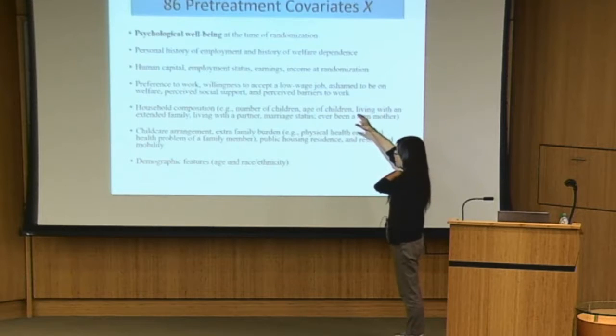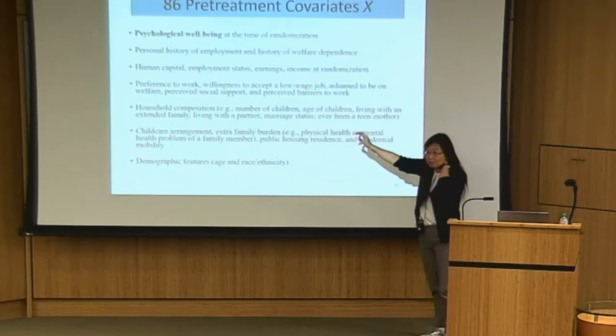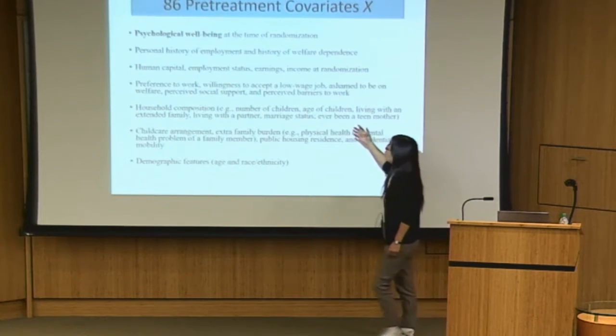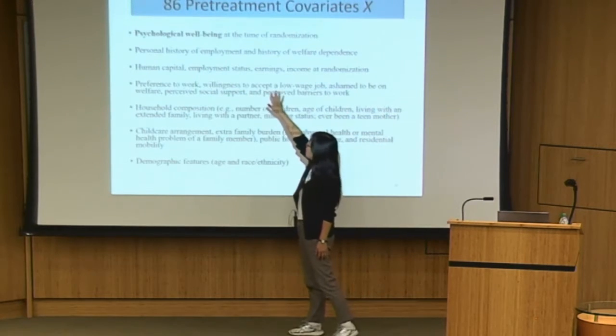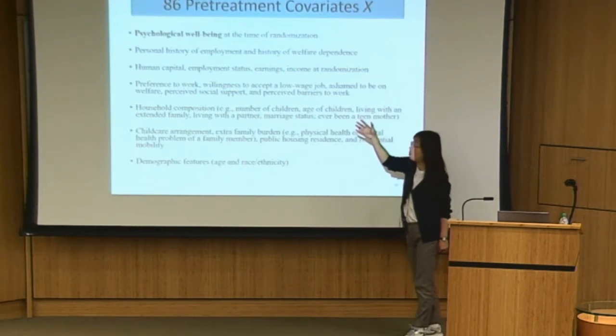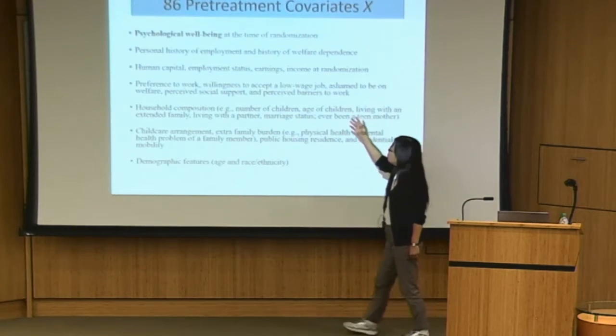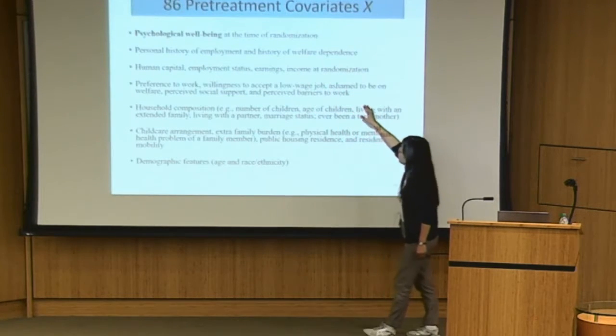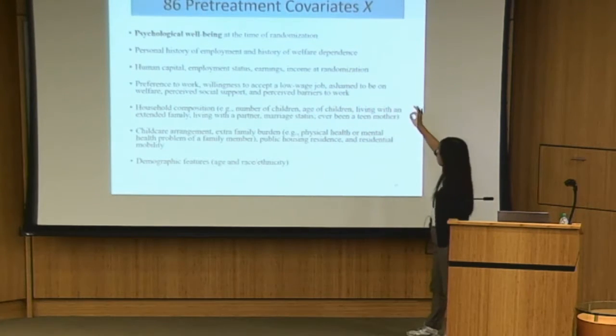Most importantly for us, because we're looking at the psychological well-being at the end of this 2-year follow-up, we have included psychological well-being at the time of randomization, the baseline depression scores. We have personal history of employment and history of welfare dependence.